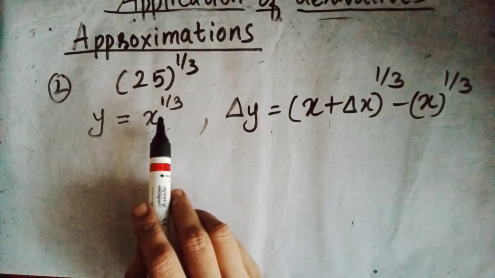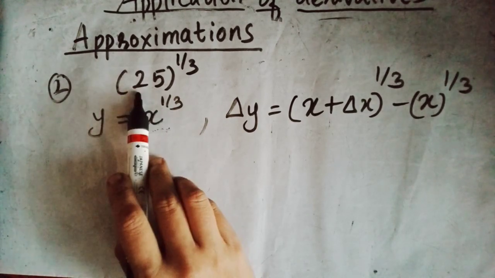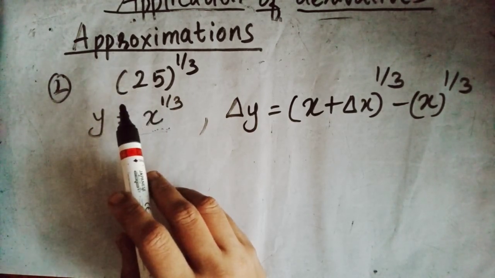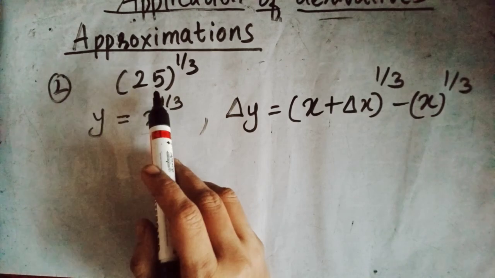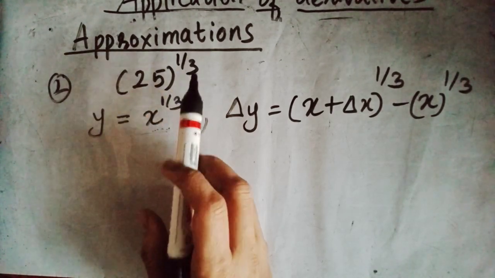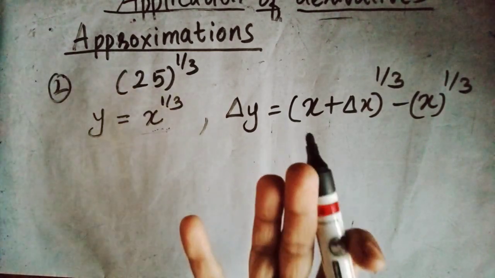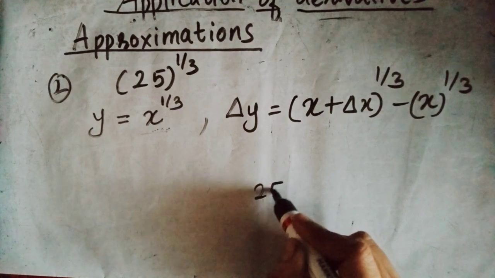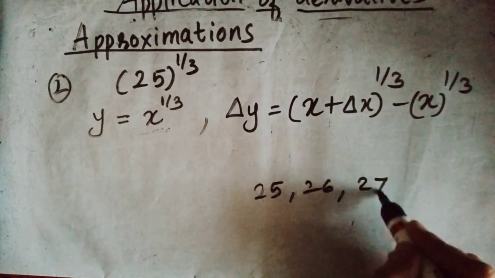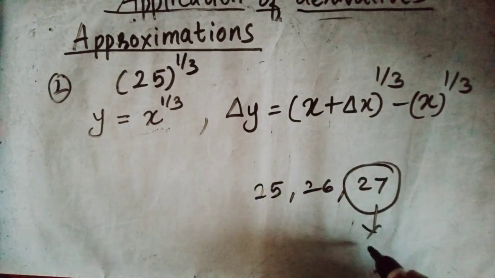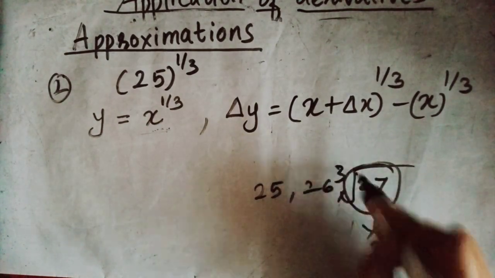We don't know the cube root of 25, right? So you have to find one number close to 25 whose cube root exists. You know that 25, 26, 27, the cube root of 27 is 3, right?